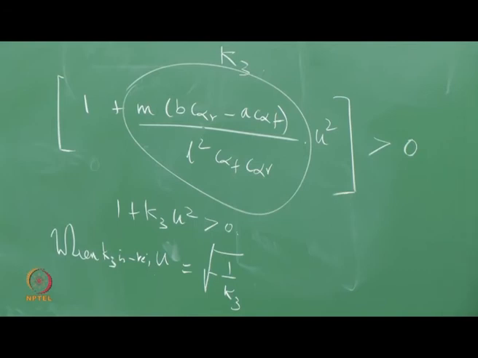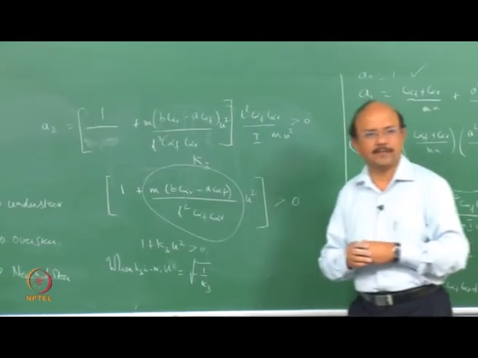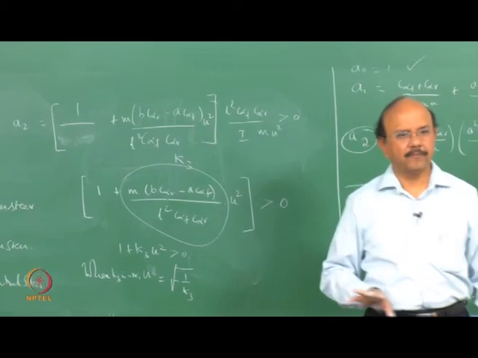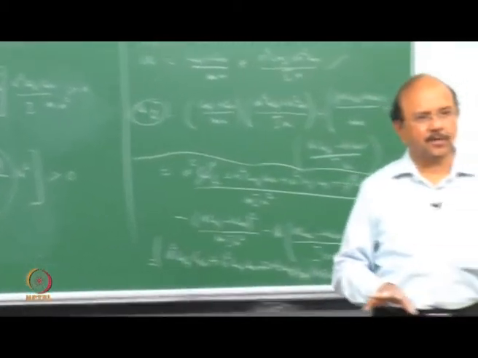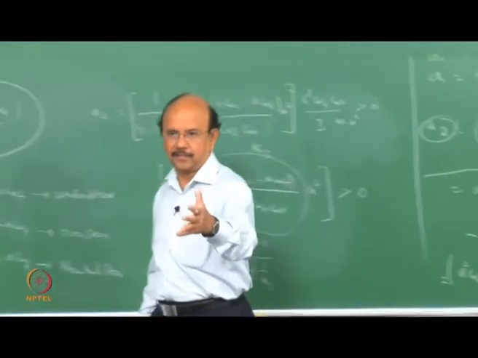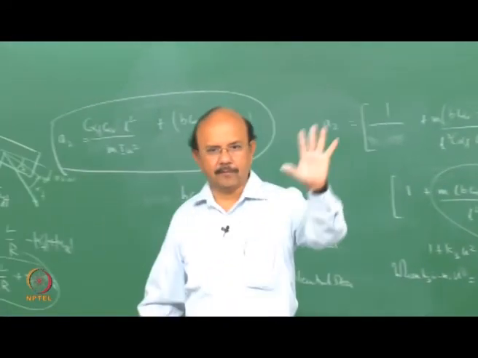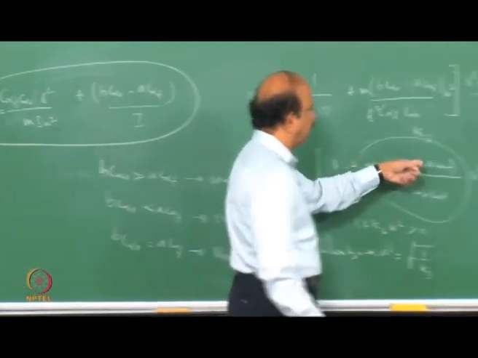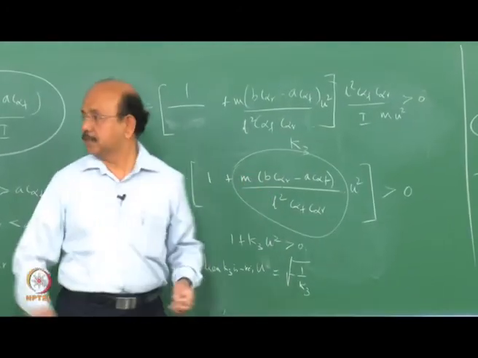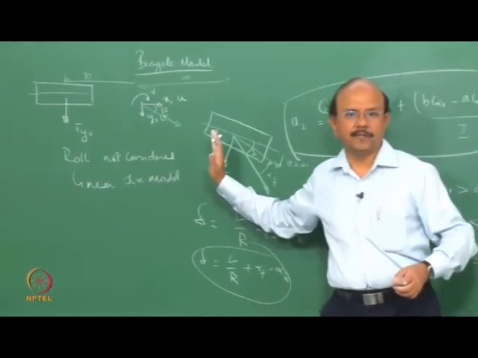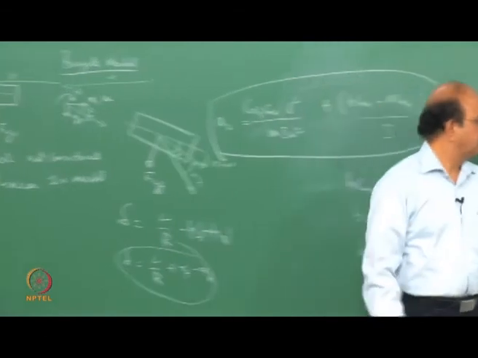So what does it mean really? Let's physically understand it; we'll go into the equations a bit later. So there's a K3. Look at K3 carefully. K3 consists of m, characteristics of the vehicle, which is going to be a constant. A and B are the distances from the center of gravity to the front and the rear.